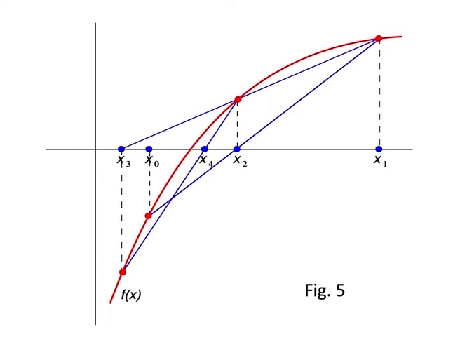For the next approximation, we take x 1 and x 2 as the 2 points, and through these 2 points we draw a line, and this line passes through x 3. You can see on your screen this line is passing through x 3. This gives us the next approximate root x 3. Now we discard x 1 also, and we take x 2 and x 3 as our 2 points to approximate the next root. So, we continue in this process. This is how the method will work.